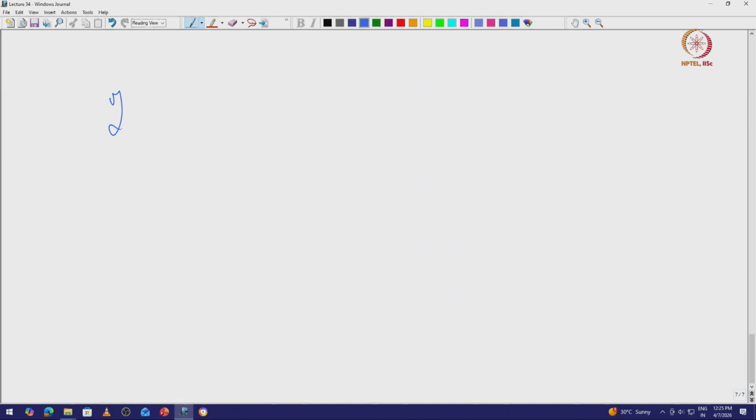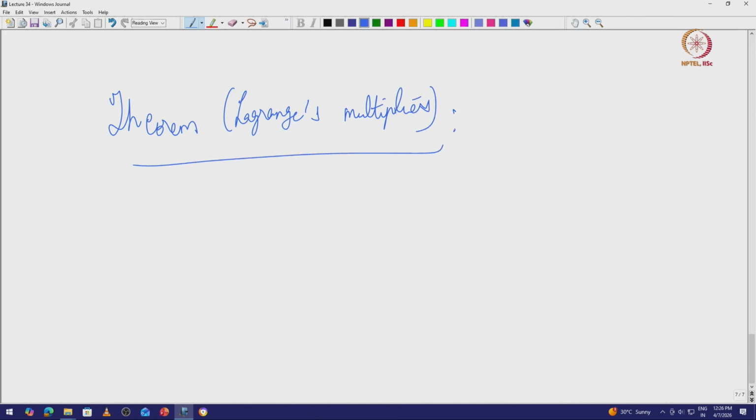Herein lies a wonderful method due to Lagrange. This is called the method of Lagrange's multipliers. So the theorem is, let f and g from an open subset of Rn to R be C1 functions. It is crucial that this be an open subset.